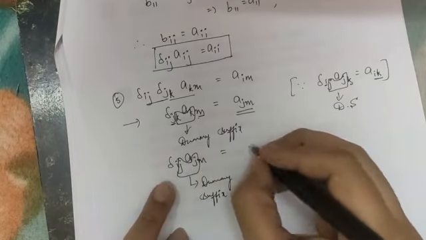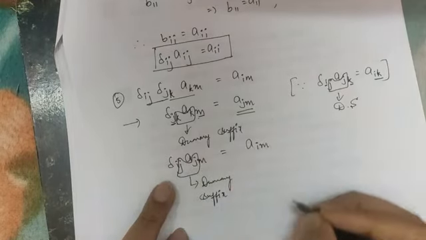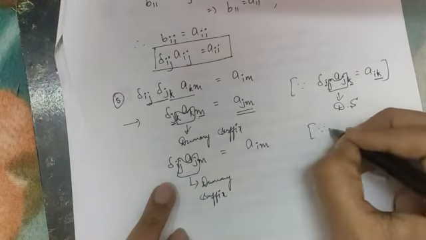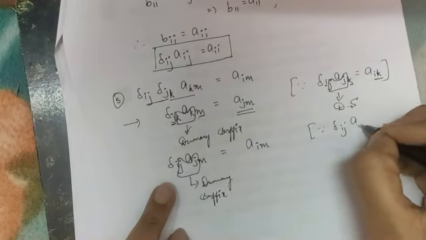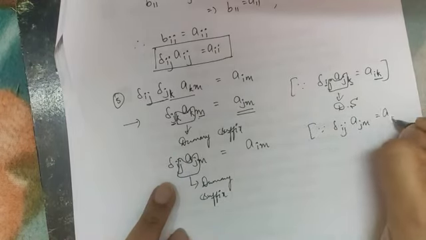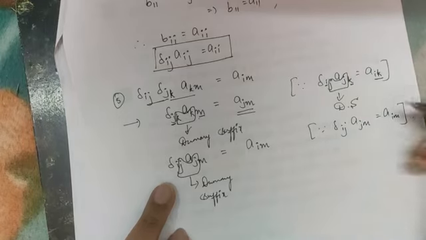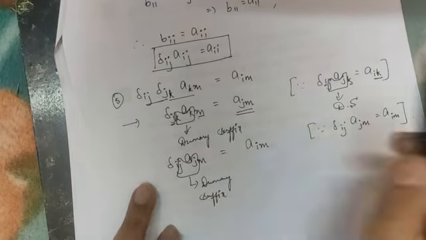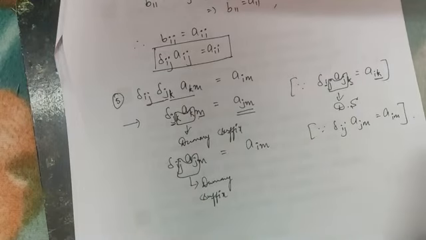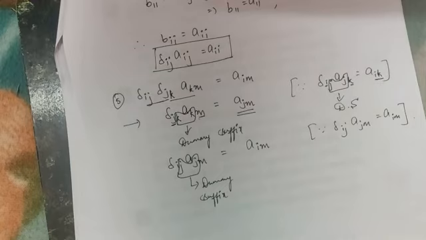So from this we will get aim, because delta ij ajm is equal to aim. So using property 2 we can prove property 5.